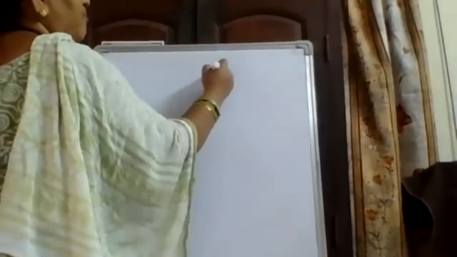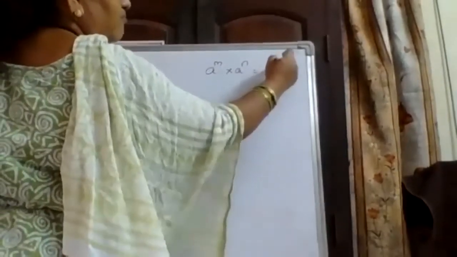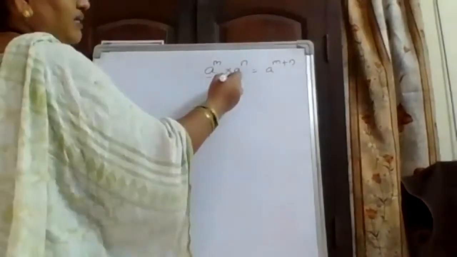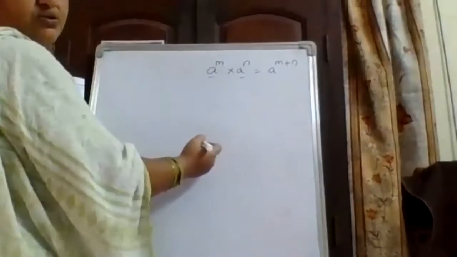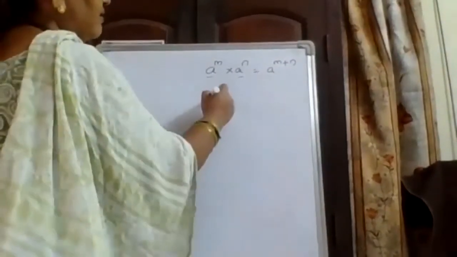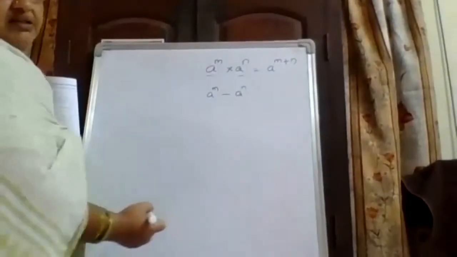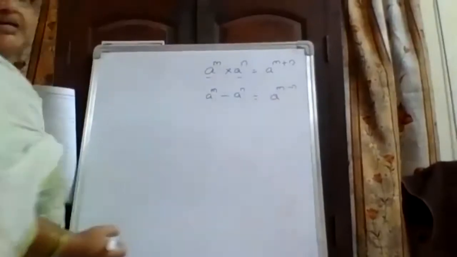You have the exponential rules: a power m into a power n is equal to a power m plus n. That is when they have the same base and are in multiplication, that is product, then the powers will be added. This we call the product rule. Then when they are in division, a power m divided by a power n, the powers will be subtracted, a power m minus n.